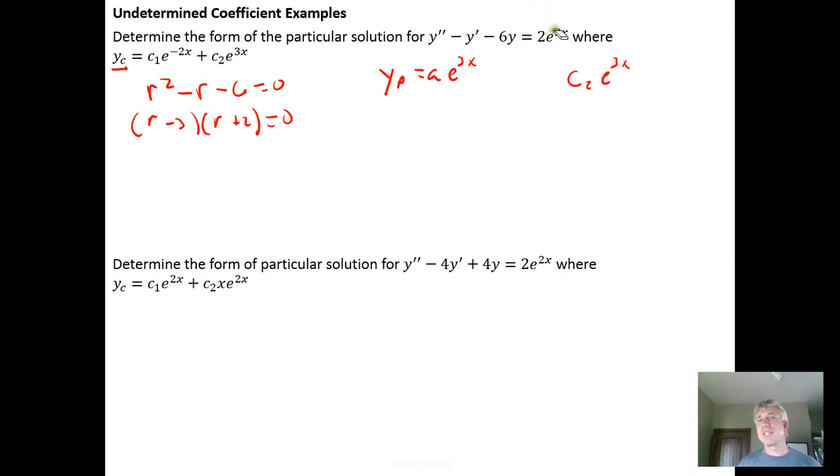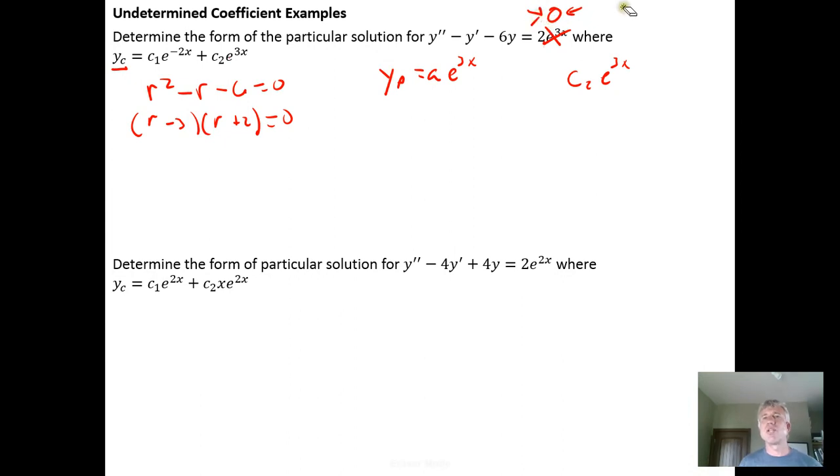And what this tells us is that c sub 2, a constant, times e to the 3x is actually a solution of the homogeneous differential equation. So that means if we guess y particular is a e to the 3x, when we plug y particular and its derivatives into the differential equation, it will zero the equation out.